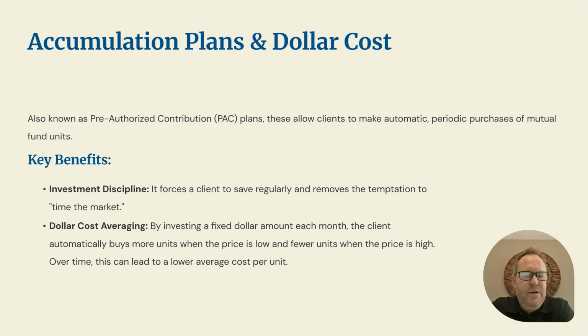So instead of investing into a mutual fund at one specific time for one large amount, PACs, or pre-authorized contributions, allow clients to either weekly or monthly or bi-weekly or quarterly automatically buy into a mutual fund. We see this quite often when people are saving for retirement into an RSP account. They might set up pre-authorized contributions to automatically come out of their bank account on paydays and be contributed automatically into a mutual fund inside of an RSP account.